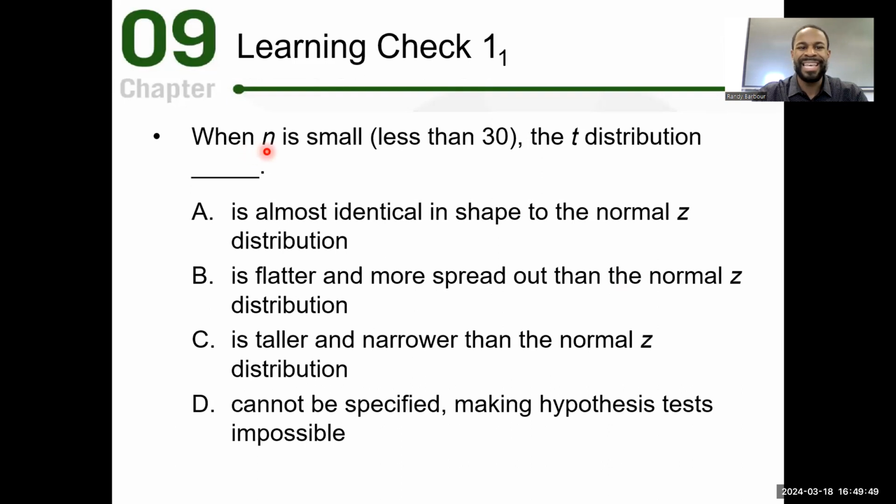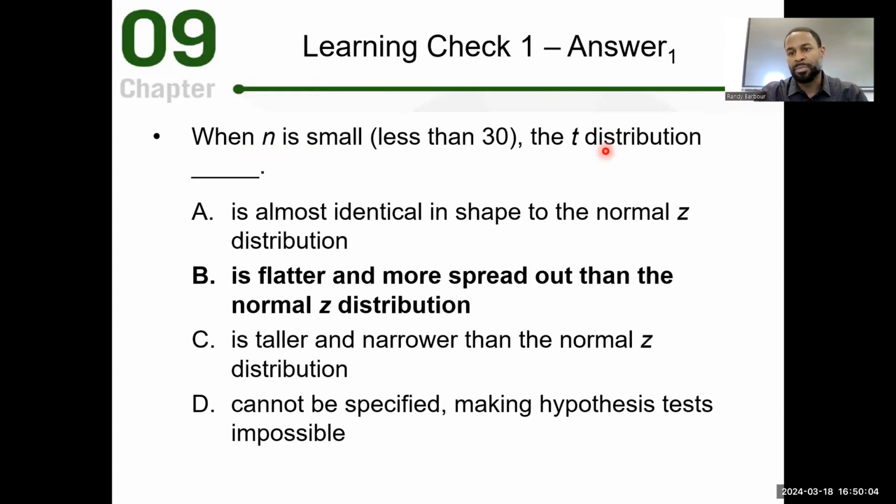It says when n is small, less than 30, the t-distribution is blank. We talked through this the week before, and you should have selected B. It should be flatter and more spread out. As you increase your n, the t-distribution becomes more and more like the normal distribution.